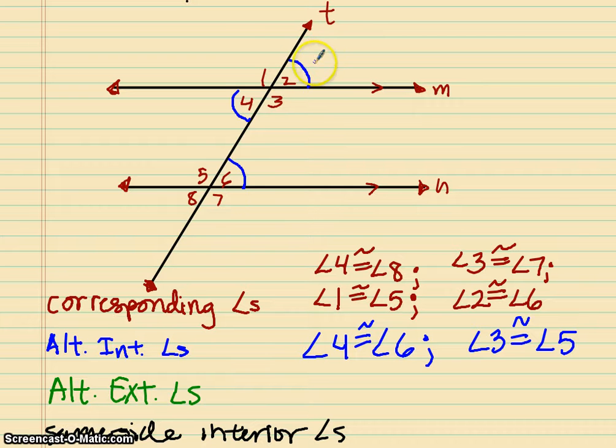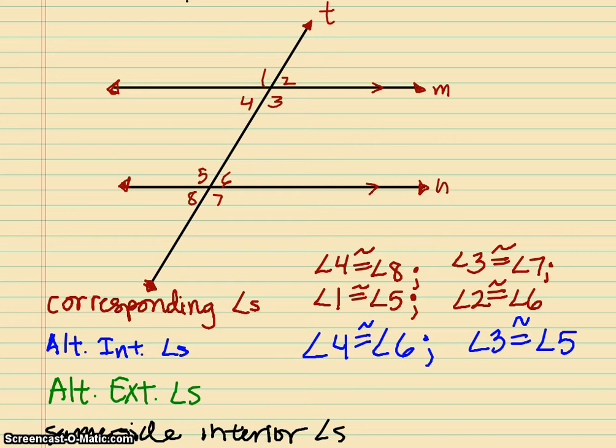Since 2 is congruent to 4 and 2 is congruent to 6, 4 must be congruent to 6. We can just skip that middle step. Again, pretty straightforward. Let me get rid of my blue stuff so I can talk about the next set. And by the way, what I just explained to you is the proof of that.